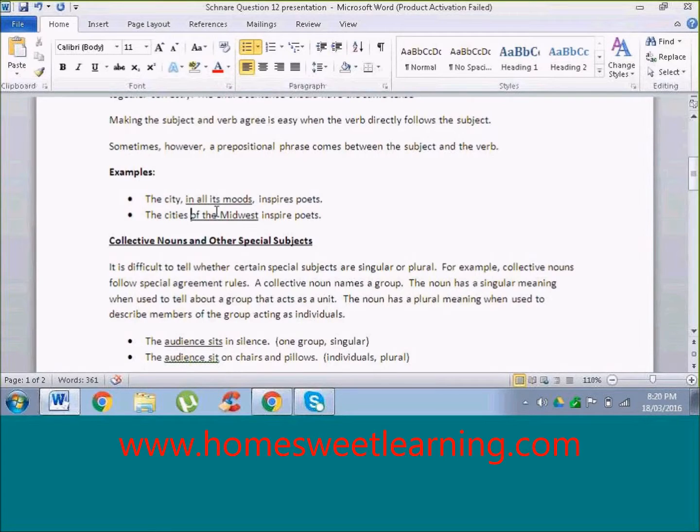The cities of the Midwest inspire poets. We have to think about plural verbs and non-plural verbs. What are we trying to agree? So here, inspires, and here is inspire. So we're going to go back up to the example.